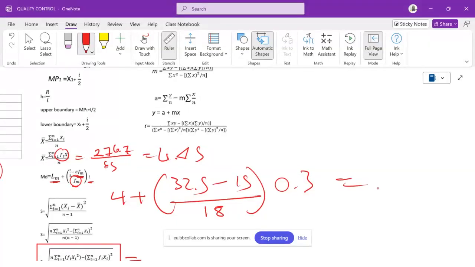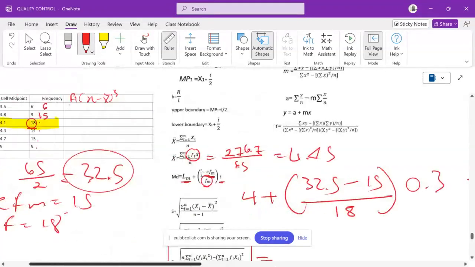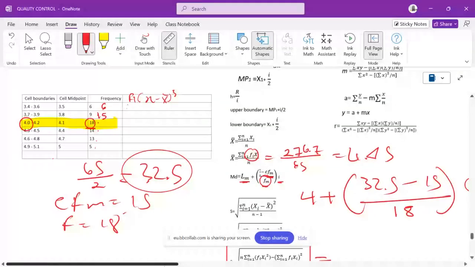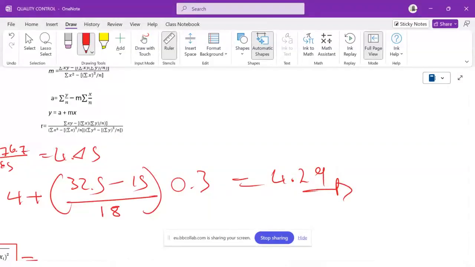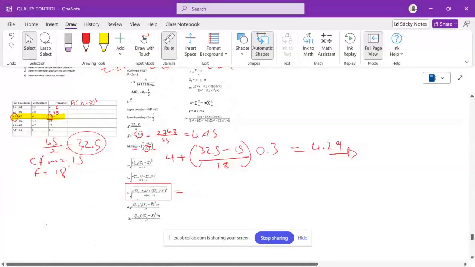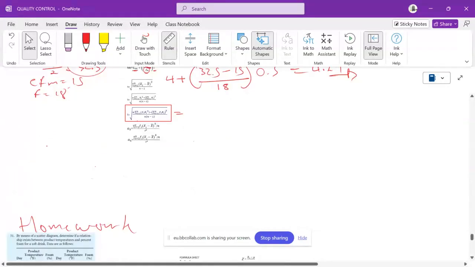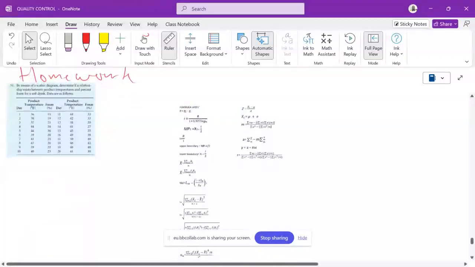And your answer is 4.29. It's your median.